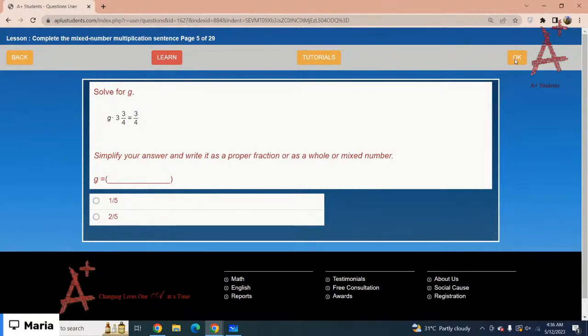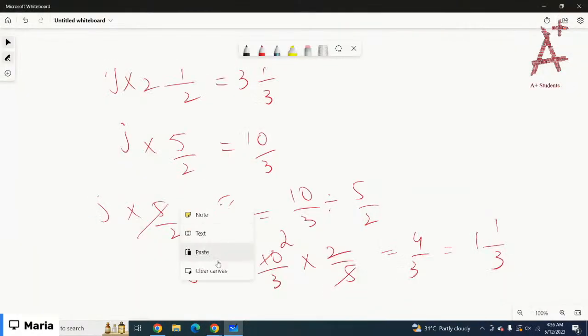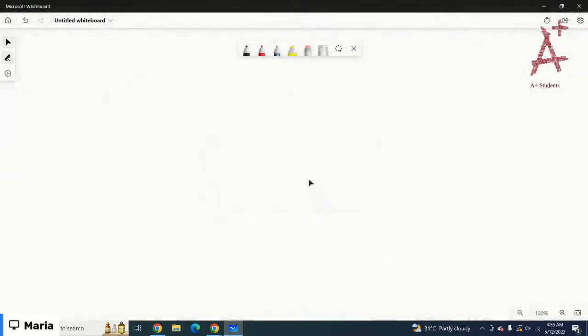Okay, g times 3 whole 3 by 4 equals 3 by 4. Okay, converted into improper fraction, it would be 4 times 3 is 12 and 3, 15 over 4.